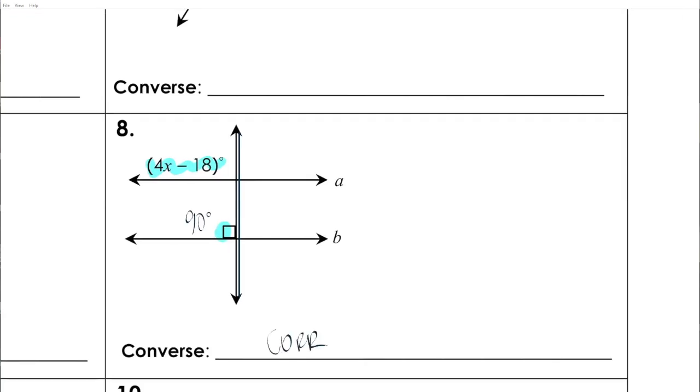We know corresponding angles, in order to be parallel lines, those angles must be, you're right, congruent. So 4x minus 18 is equal to 90. We add 18 to both sides. 4x is 108. And then x is 27.